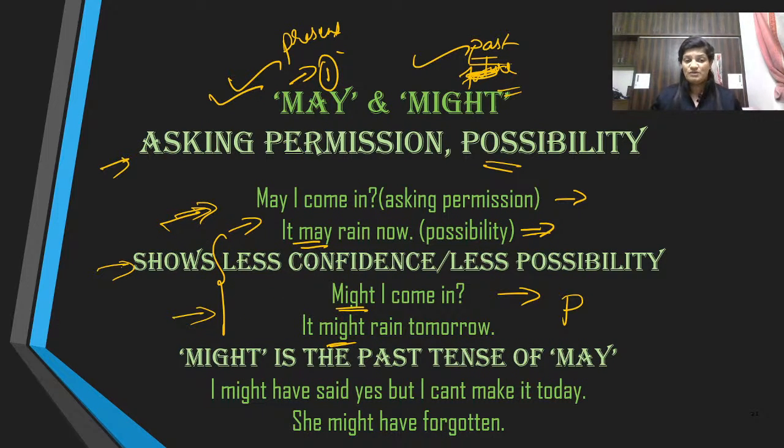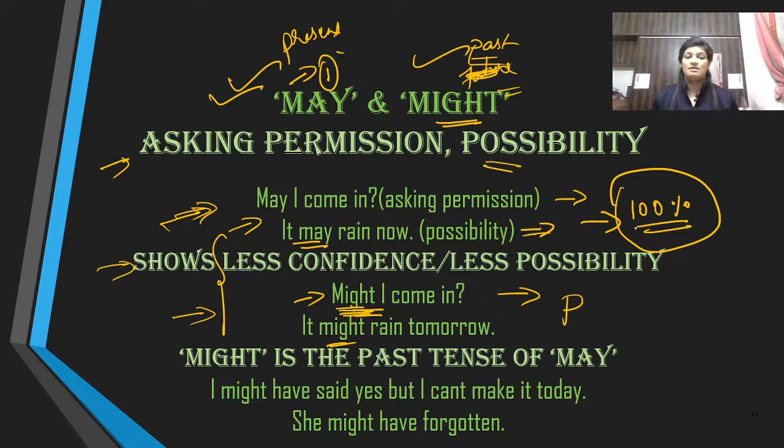You have used the past might in present here. Might I come in, despite the word being in past tense, we are using that in present tense. You can also say might I come in. It might rain tomorrow, but there is a little bit of difference, and the difference is, the moment we say may, we are actually talking about the possibility of something happening. Are we 100% sure when we say it may rain? Answer me this question. Are we 100% sure about the activity going to happen?